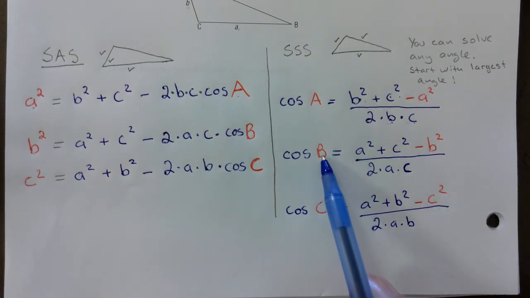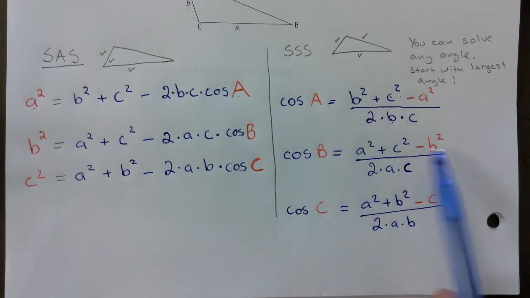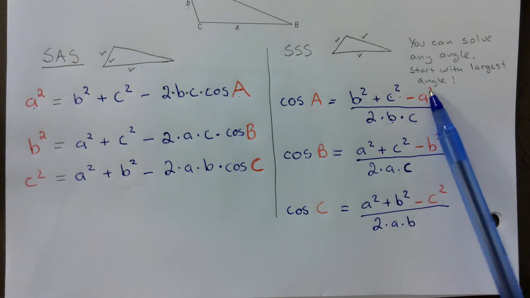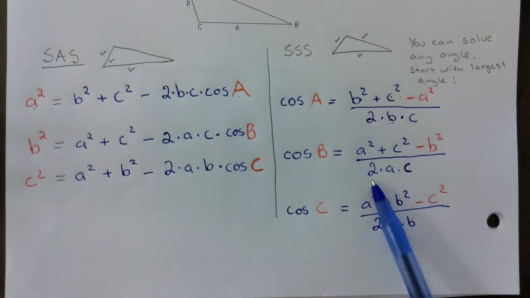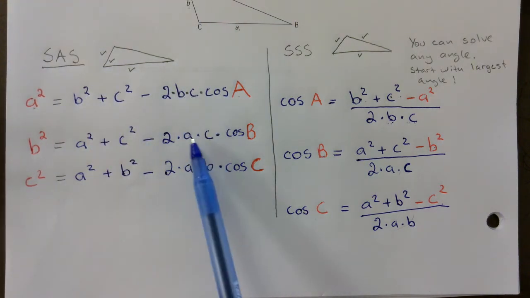The side across the angle you want only shows up once, and then the rest is whatever is already there. Notice that you're squaring the top, you're not squaring the bottom. Same here, you're squaring the first two, you're not squaring them here.